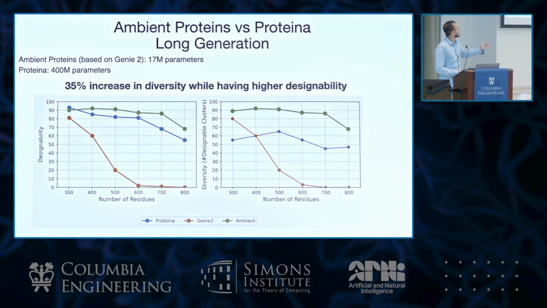And in both designability and diversity, you get a big boost. I think you can be 35% better in diversity while having higher designability. And all of this is not coming from the model. It's not coming from the optimization. It's only coming from the data. It's only coming from better use of the data, which is the point that I want to emphasize in this talk.